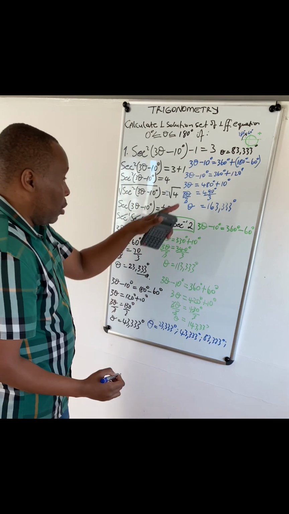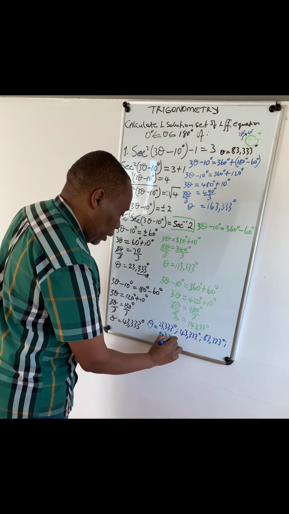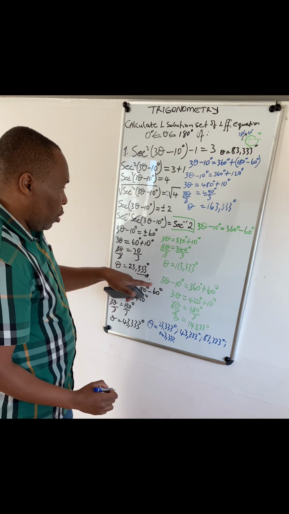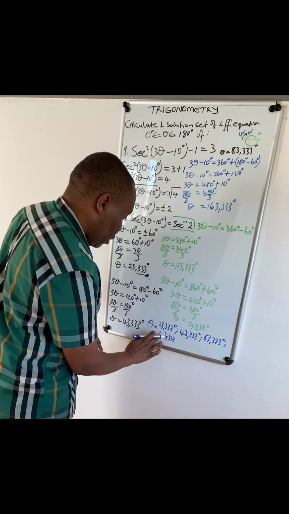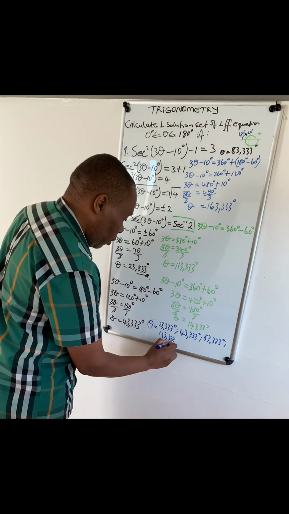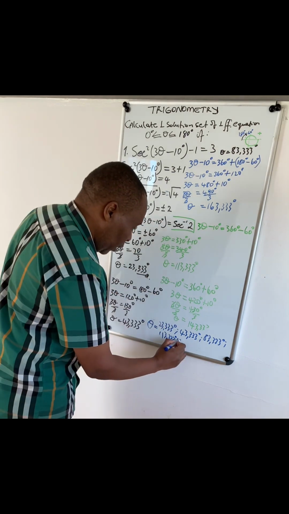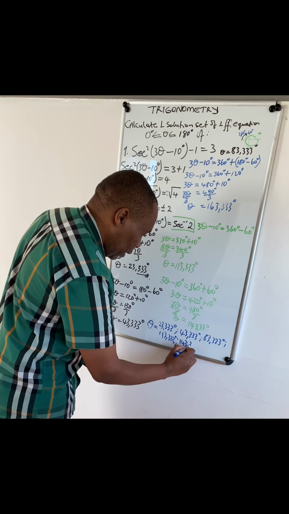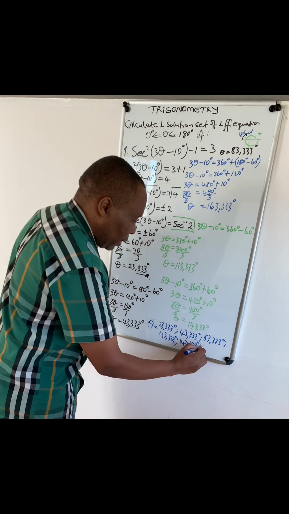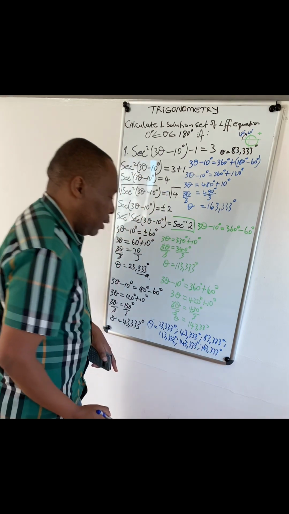And the fourth one, which is 143.333, no, it's 113, not 143. From this one, it's 113.333 degrees. And then the next one, which is 143.333 degrees, and the last one, which is 163.333 degrees.